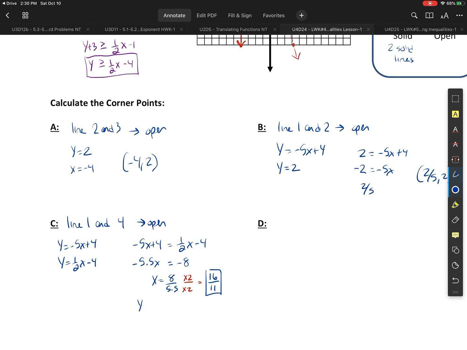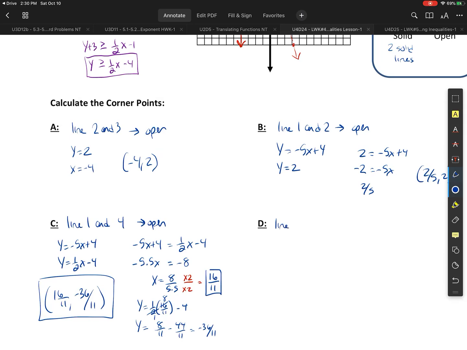So I got to find my y value. y equals 1/2 times 16 over 11 minus 4. y equals, cancel, 8 over 11 minus 44 over 11 equals negative 36 over 11. So my coordinate is 16 over 11, comma, negative 36 over 11. So that's our hardest corner there.